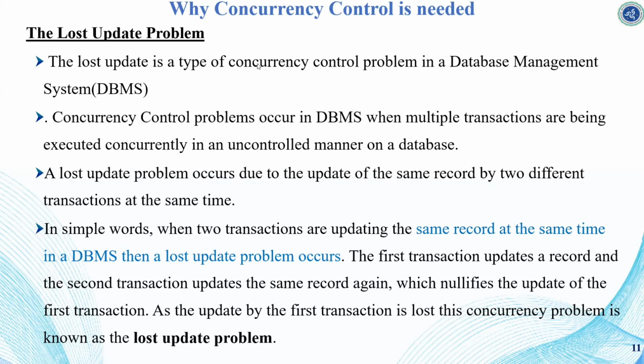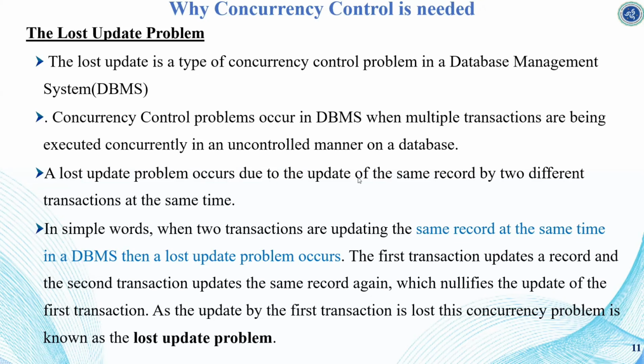The lost update problem is a type of concurrency control problem in the database management system. It occurs in a DBMS when multiple transactions are executed concurrently in an uncontrolled manner in a database, due to the update of the same record. We can update the same record by two different transactions at the same time.